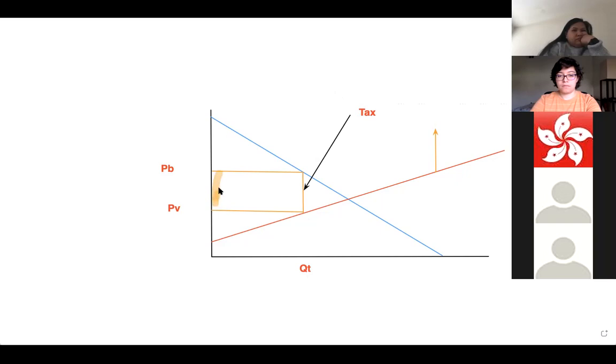So this ends up being the tax revenue generated that goes to the government. Okay. And this area up here, I want to do it in a different color.